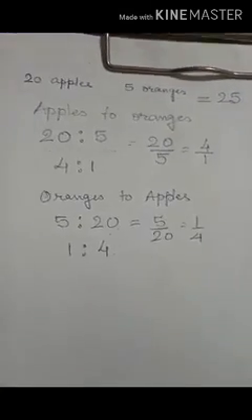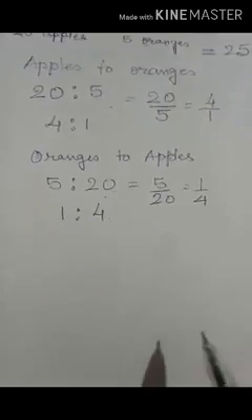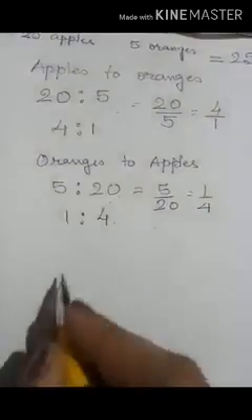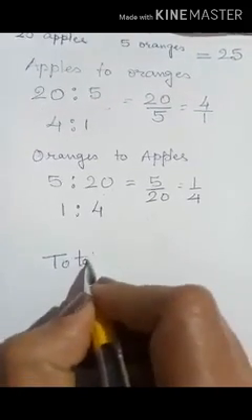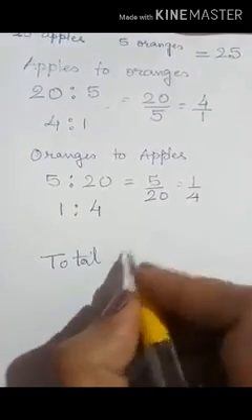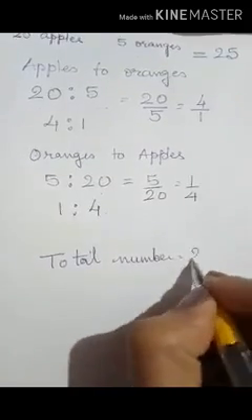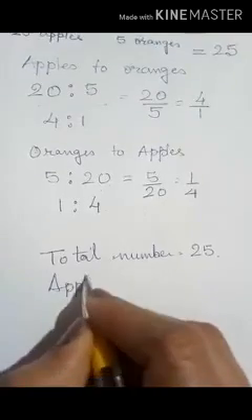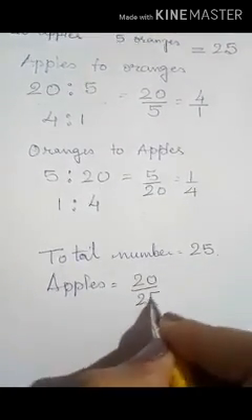Now suppose we have to find the percentage of oranges. Percentage is always to be found on the total number. This we learned in the previous chapter also, that percentage is to be calculated on the total number. So what is the total number of fruits? That is 25. How many apples are there? There are 20 apples out of 25.